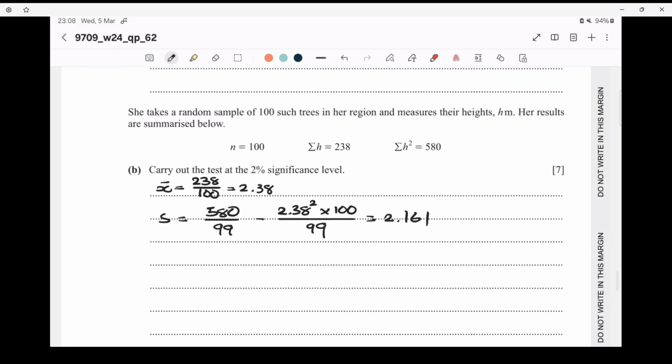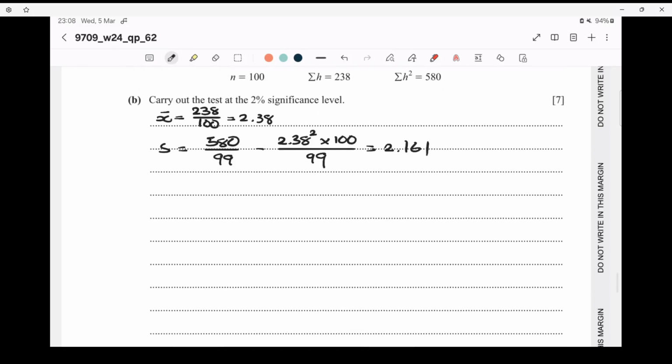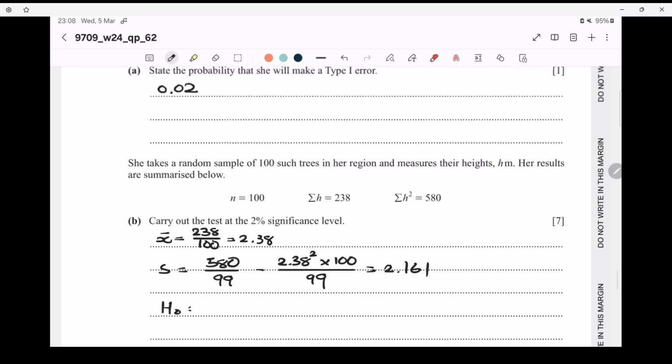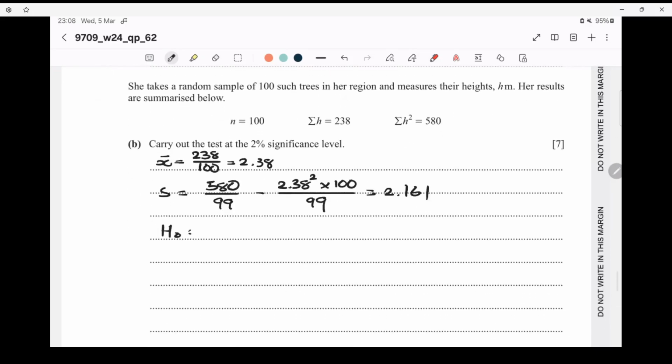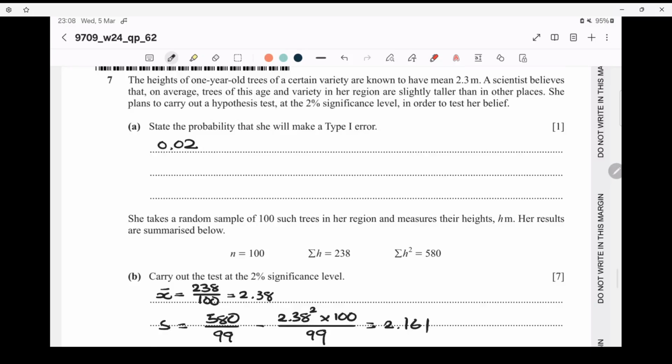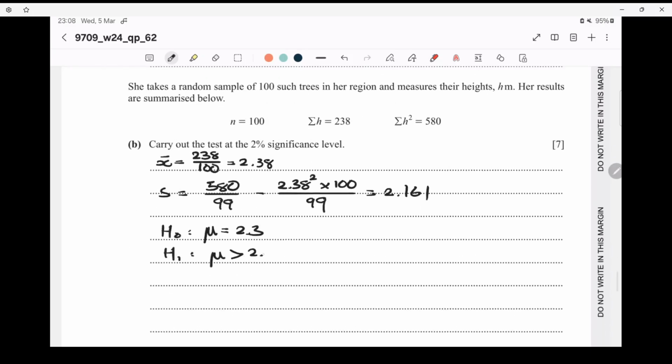After you have these two, you will need to carry out the 2% significance test. So your H naught would be mean equals 2.3, H1 mean slightly taller, so it's greater than 2.3.